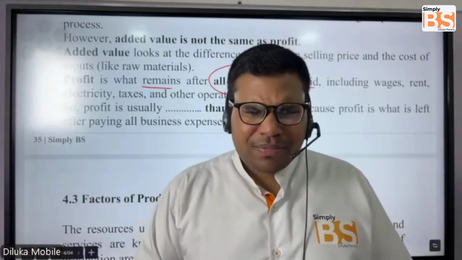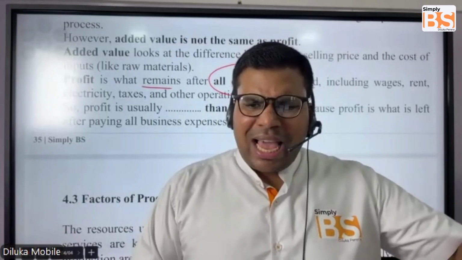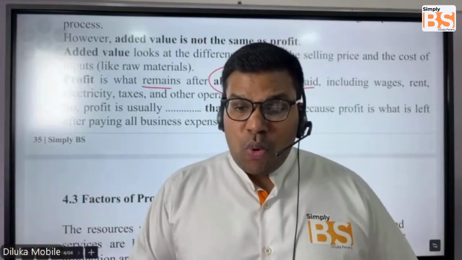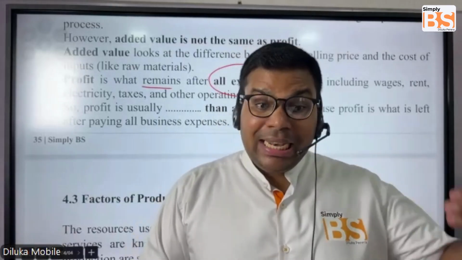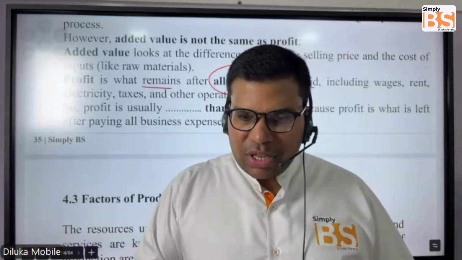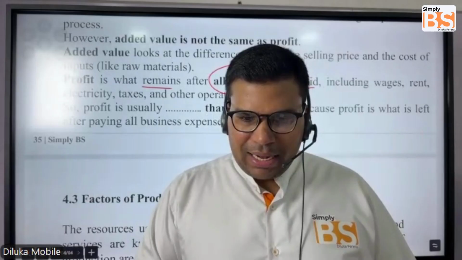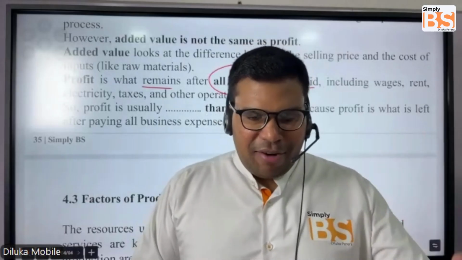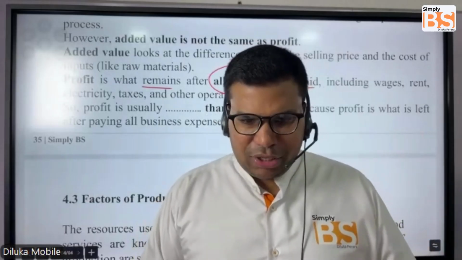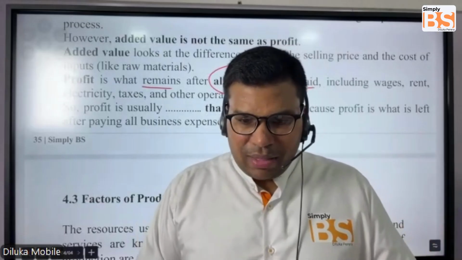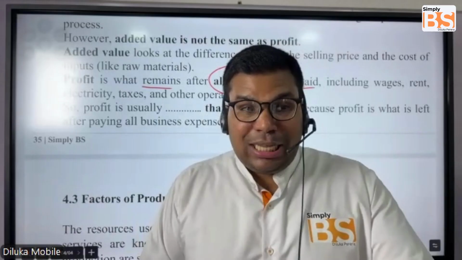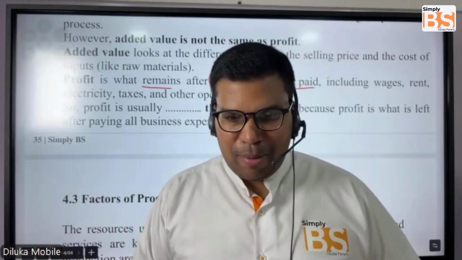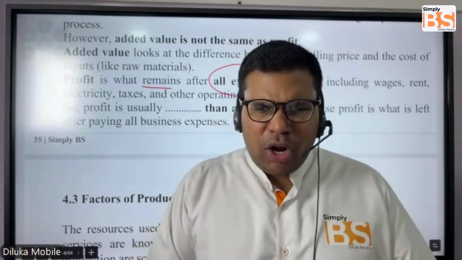Like what? The salaries of the employees who are working in the organization in different business functions. Can we get their work free of charge? No, we have to pay their salaries. We can't say these workers are not working in the production department, so we cannot pay. No, we cannot do that.